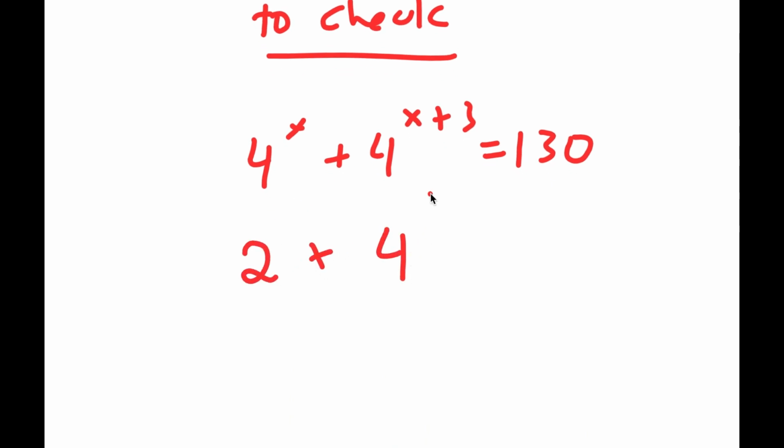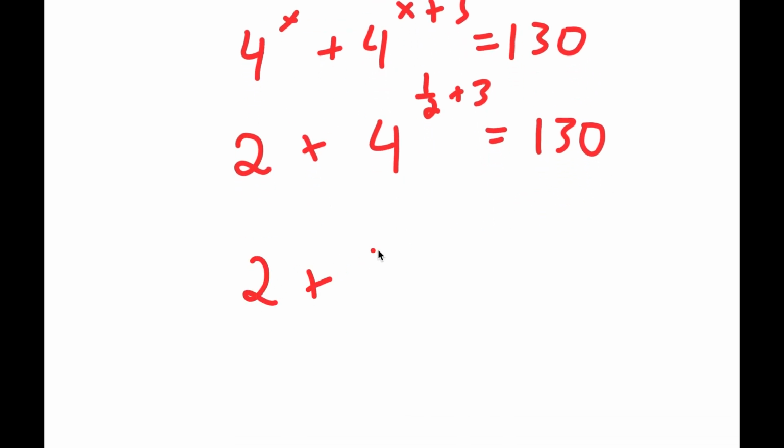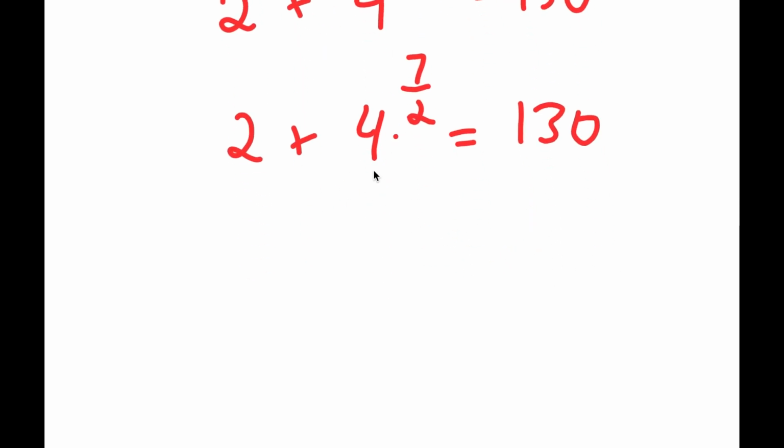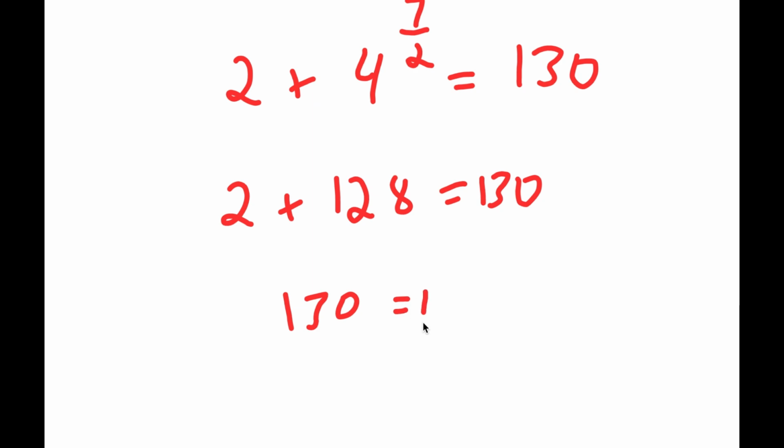So I have 4 to the power of 1/2 plus 4 to the power of 1/2 plus 3 is equal to 130. 4 to the power of 1/2 plus 3 is the same thing as 4 to the power of 7 over 2. Actually, sorry, this is supposed to be 7 over 2. And 4 to the power of 7 over 2 is 128. So 2 plus 128 is 130, and I get 130 is equal to 130.